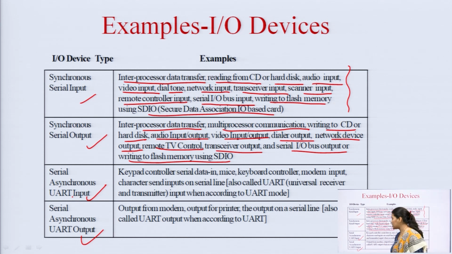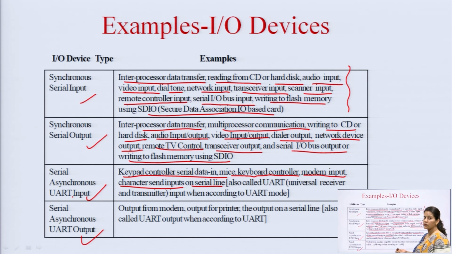So, the examples under this category are the keypad controller, serial data in mice, keyboard controller, simple keyboard controller, modem input, character send inputs on the serial line. This is an example of serial asynchronous communication. This is also called the UART, that is the universal asynchronous receiver and transmitter.